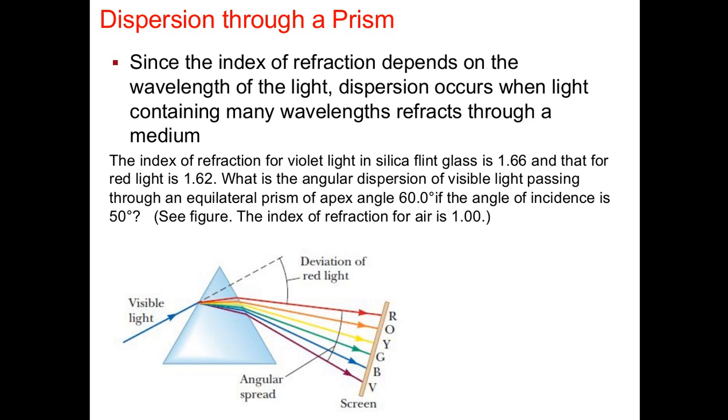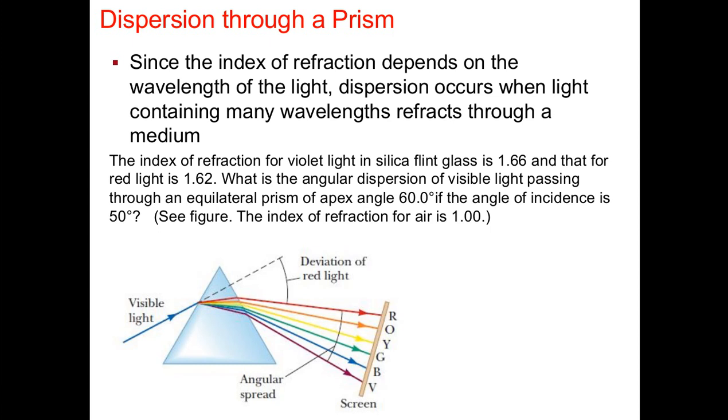So that's why when white light hits a prism, it will form a rainbow, right? Because all the light is being refracted, but at different angles because the frequency and the wavelength of different colors in the visible spectrum are causing different types of refraction.